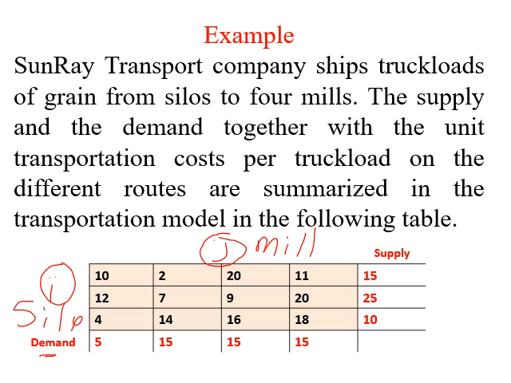The values inside these rows and columns are the cost of shipping from source to destination. So these values are the cost. Cost 1,1 means the cost of shipping from source 1 to destination 1. And this is cost 1,2.